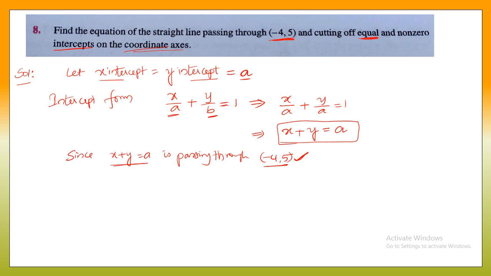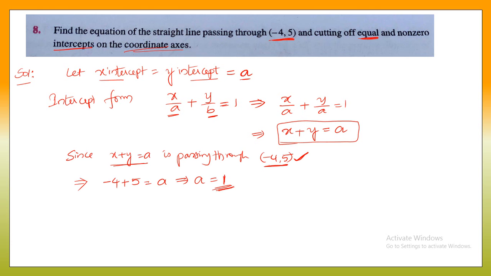So if I substitute the x, y values with -4, 5, then we are going to get the value of a. So -4 plus 5 is equal to a. From this, clearly a is equal to 1.